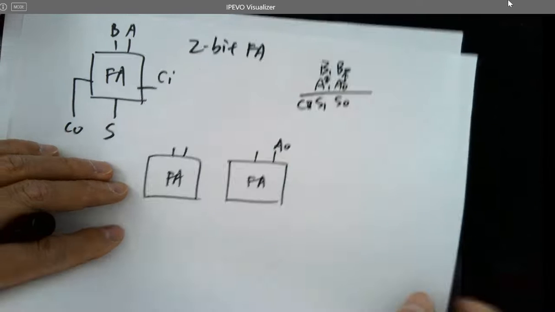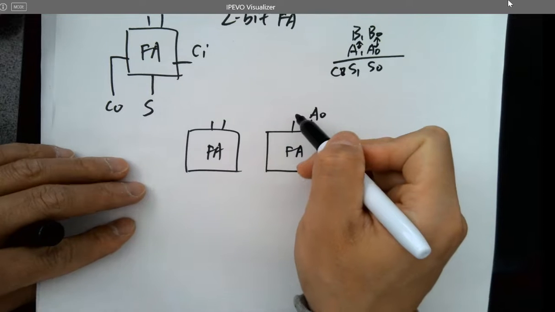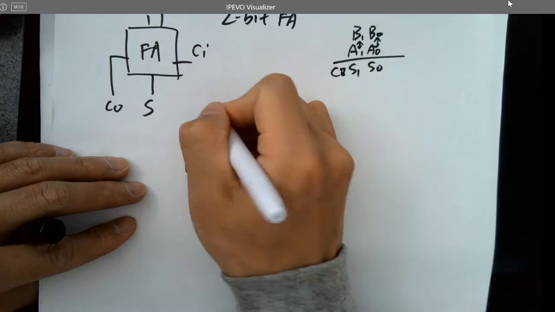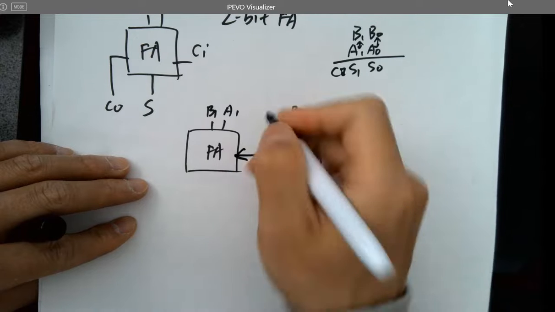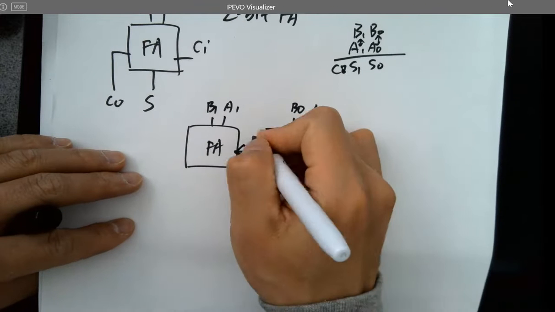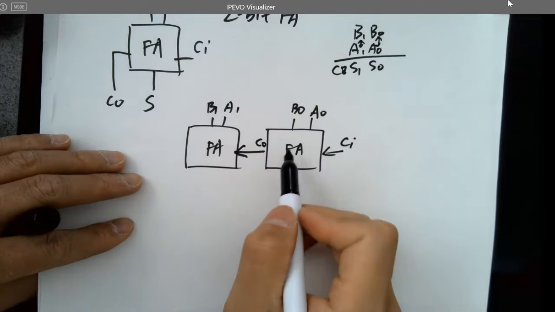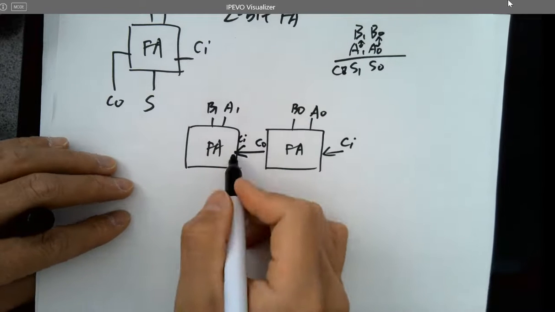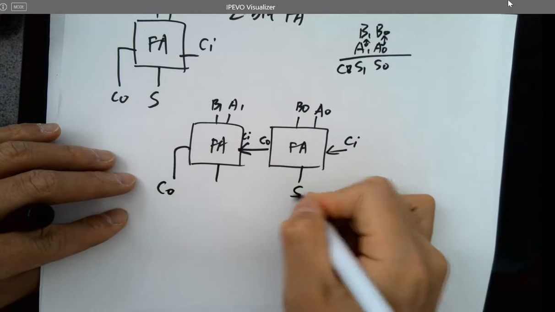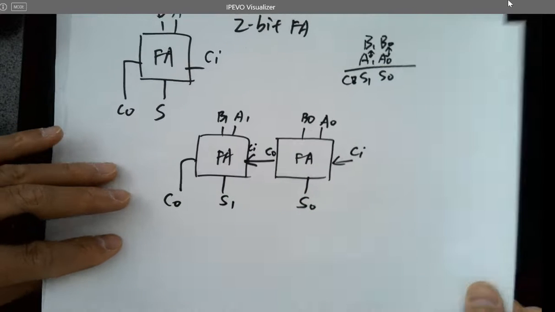So for each FA, I have A0 here. So what is the other one? And here's CI. That's C out from the first one, and CI to the second one. And eventually it has a CO, and these are the S1, S0 of the output.